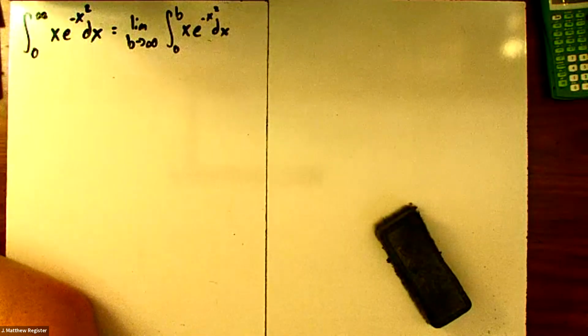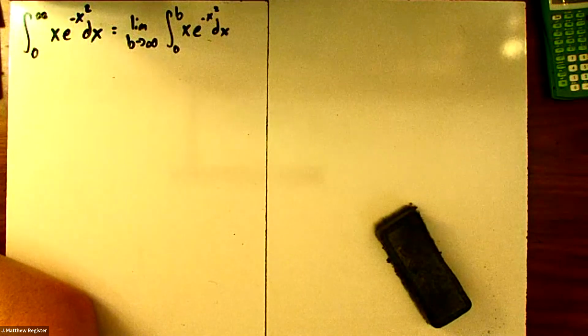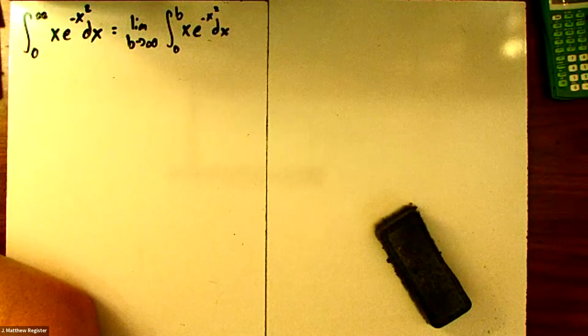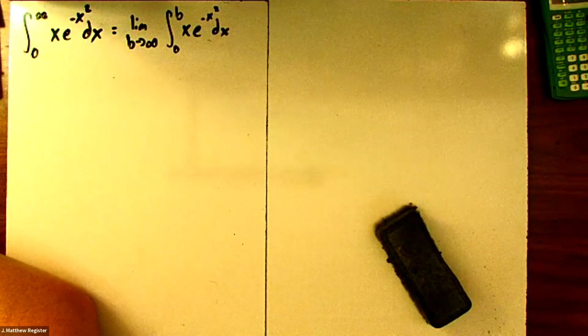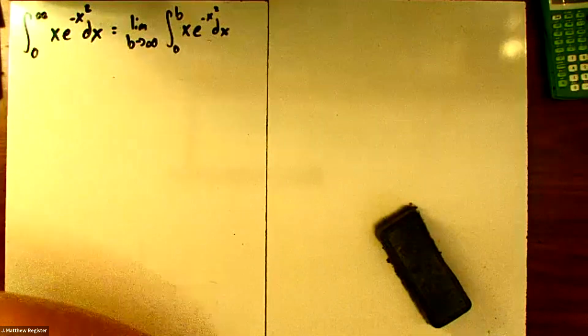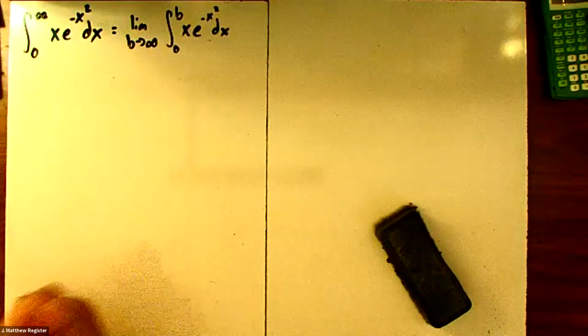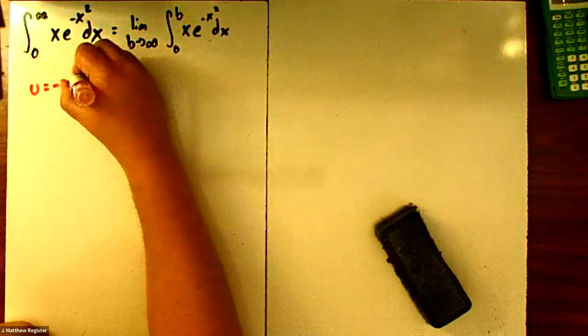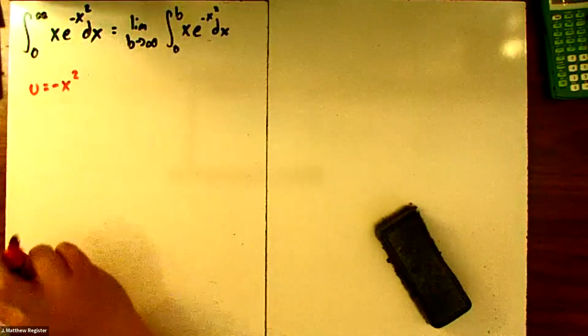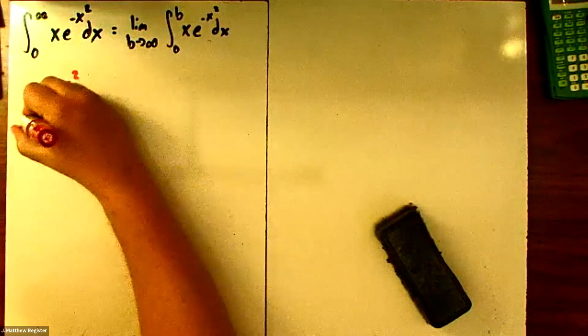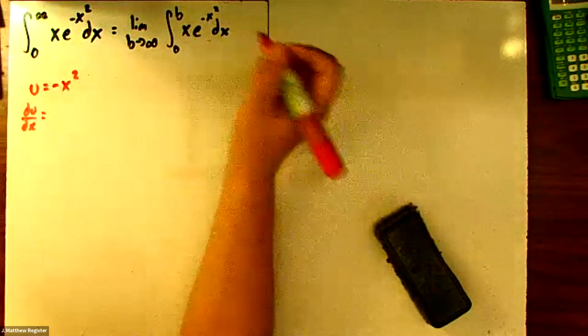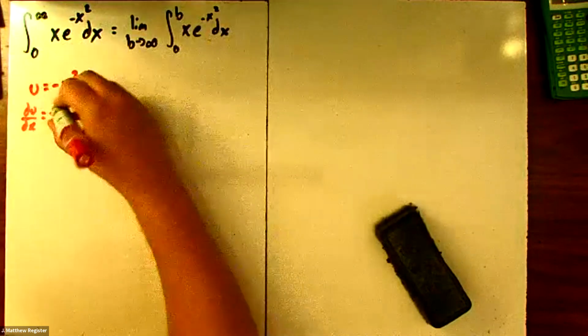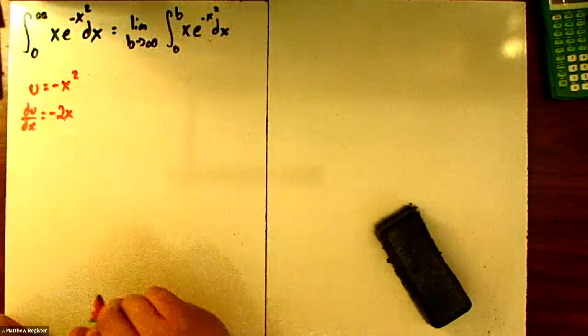With this one, again, the setup is exactly the same, but now instead of doing integration by parts, we can do a u substitution. If we let u be equal to negative x squared, then our du dx is going to be equal to negative 2x. We almost have that.